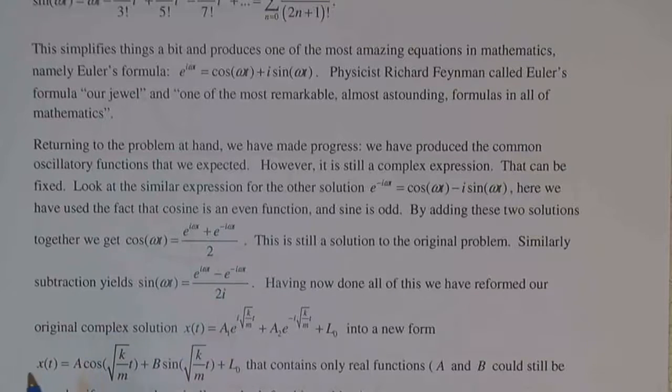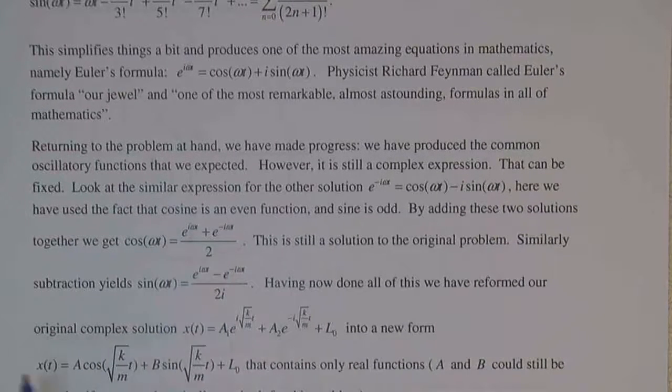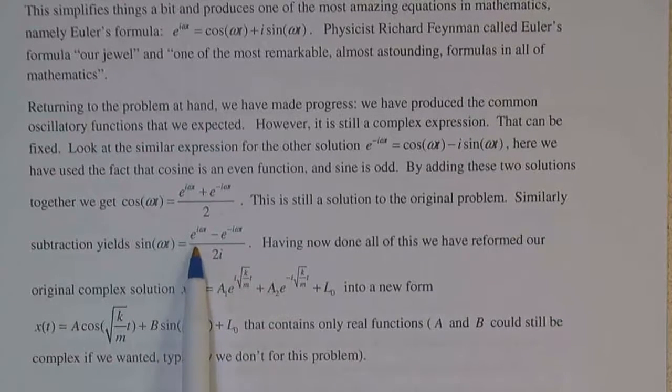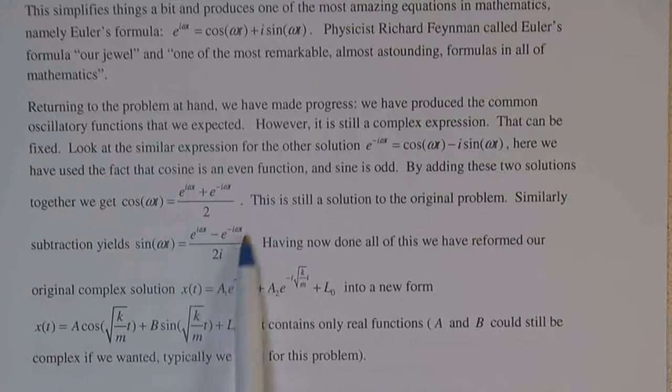Now, we're allowed to add and subtract solutions together. We had a linear combination of a1 and a2 that we were allowed to use, so we could combine two solutions and get this. Likewise, we can subtract two solutions to yield the sine. So e to the i omega t minus e to the minus i omega t divided by 2i is going to be equal to the sine. So what that means is we can change from a form of a solution which involves a complex exponential to a form which involves real trigonometric functions.